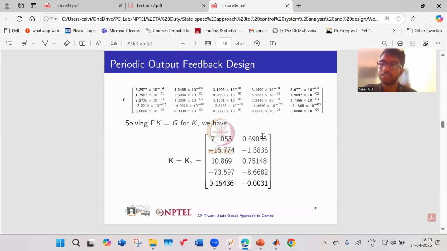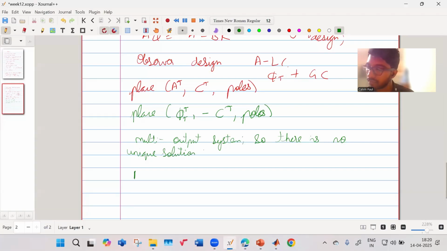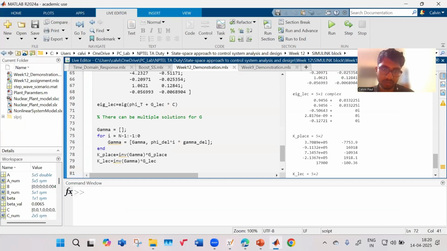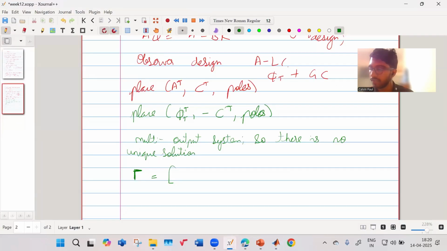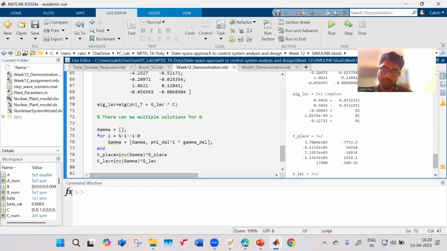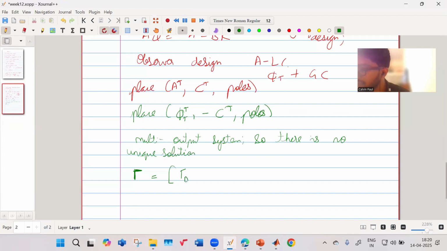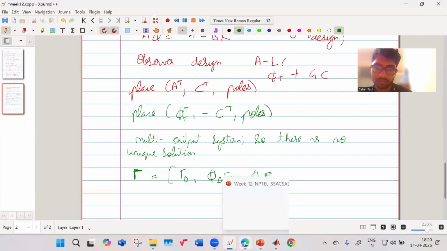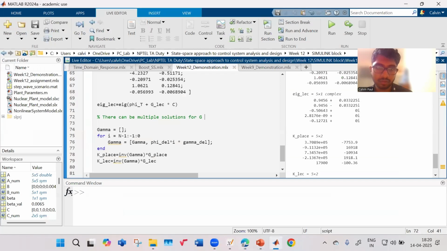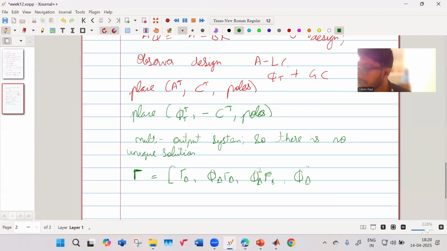So this capital gamma, if you look at the expression, is phi_del times gamma_del, comma, phi_del times gamma_del, comma, phi_delta squared times gamma_del, comma, phi_delta cubed times gamma_del, comma, phi_delta raised to 4 times gamma_del.